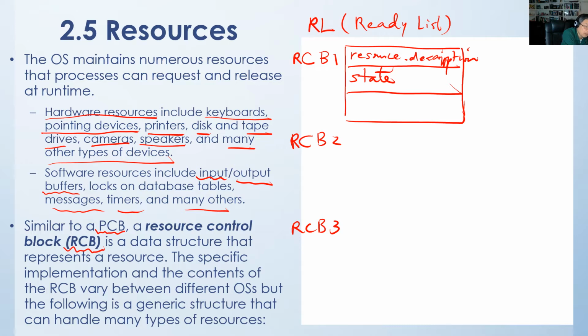So whether the resource is available. Due to the nature of the different resources, some resources may have only one instance. That means there's only one single device, and if that resource is used by one process, then another process cannot use it. Some other resources may have many instances. Even though it's one device, there are many different instances.